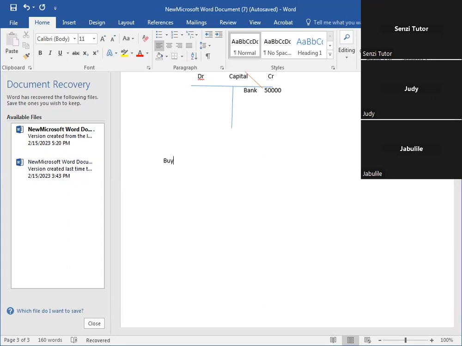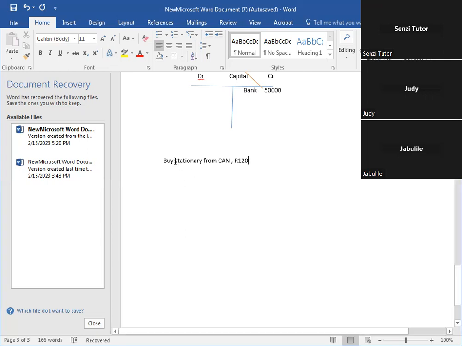Buy stationery from C and A. How much is the amount of money? Maybe 120. Right, 120 is the amount of money.